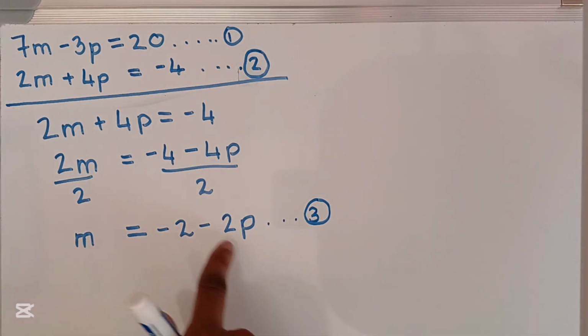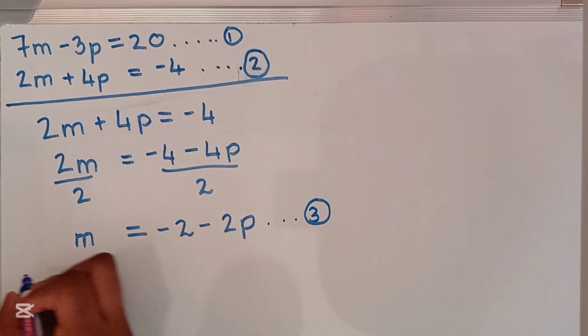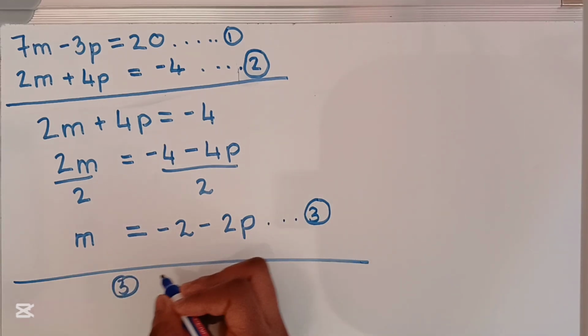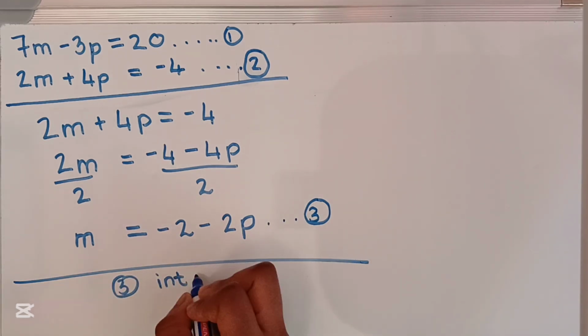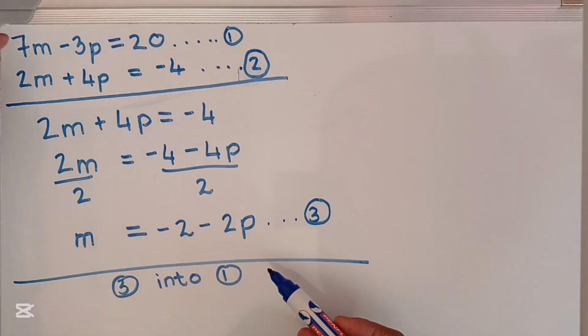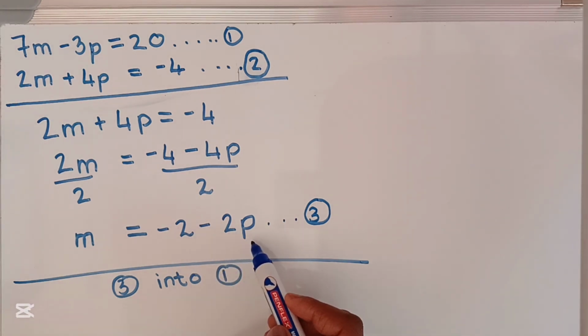I made m the subject of the formula, right? Next is to substitute 3 into 1. So where there's m in equation 1, I have to put negative 2 minus 2p.